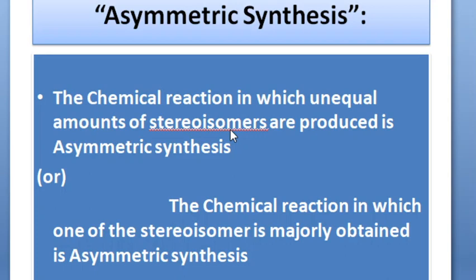If you could synthesize in a chemical reaction these stereoisomers in minor and major proportions, then the process is referred to as asymmetric synthesis. The chemical reactions in which one of the stereoisomers is majorly obtained is asymmetric synthesis, you can say. So let us see one example in that case.